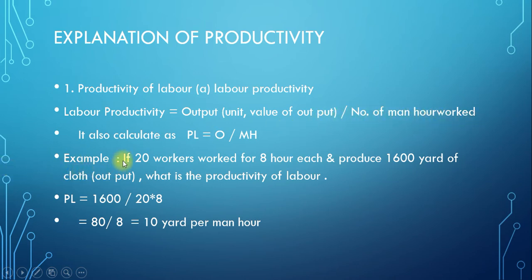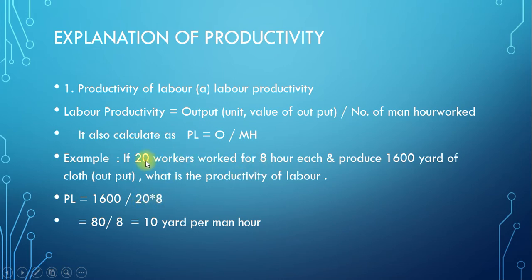Let's see the example. If 20 workers work for 8 hours each and produce 1600 yards of cloth, that is our output, what is their productivity of labor? So we have to solve this problem. PL is equal to output 1600 divided by number of man work hours. So it is 20 into 8.